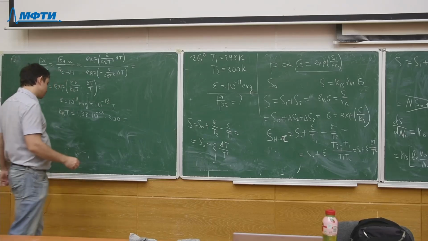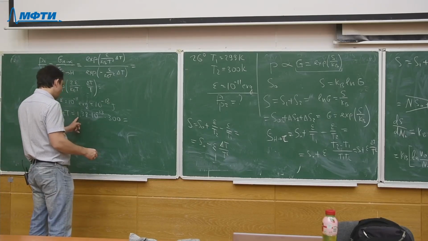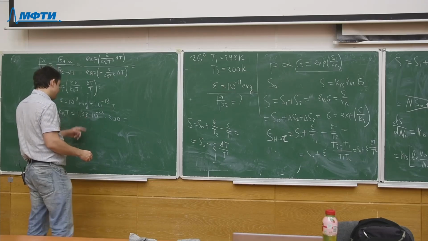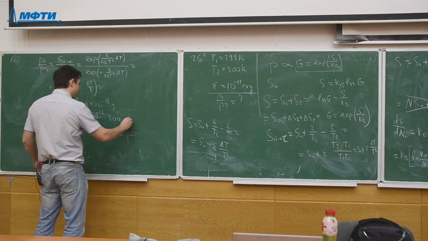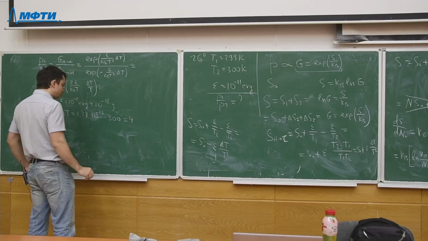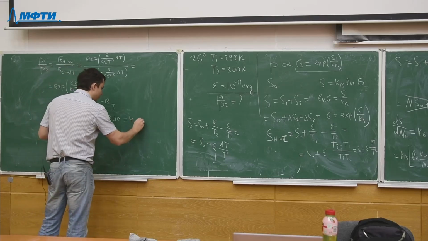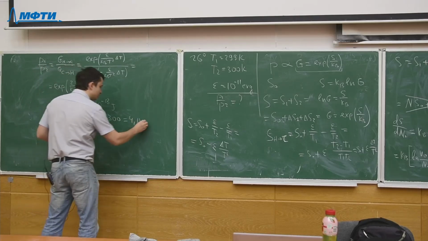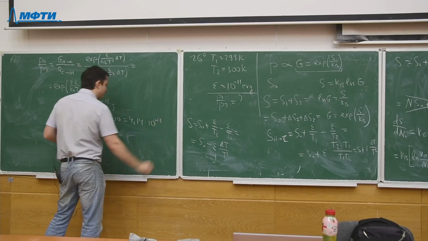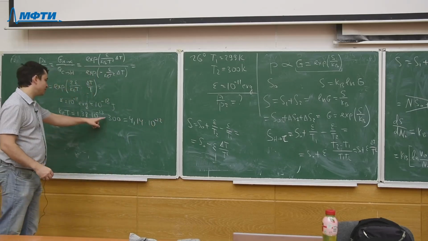So that's 1.38 times 3, approximately 4. If it's more correct, that would be 4.14 times 10 to the minus 21 joule.